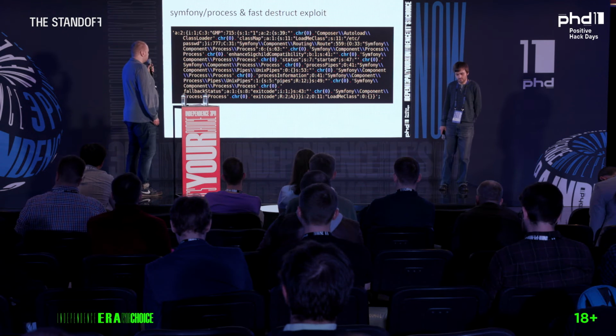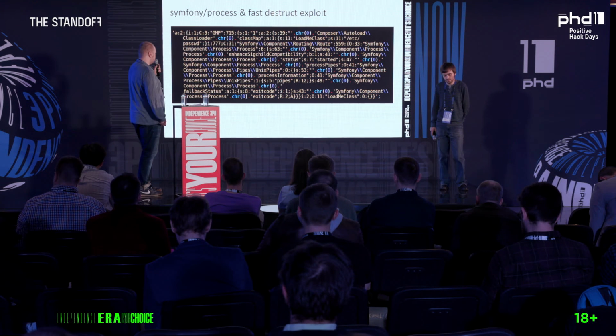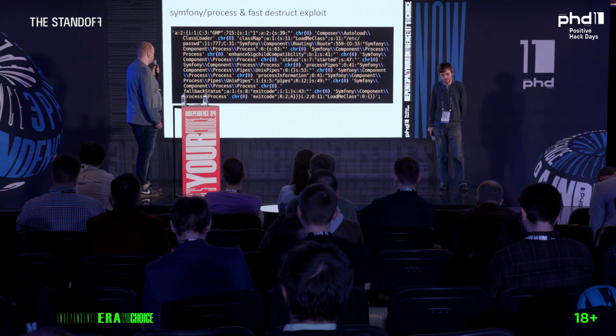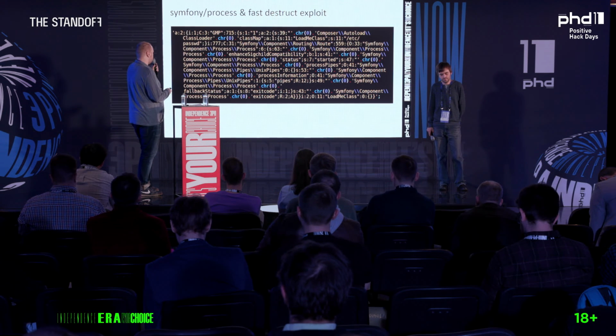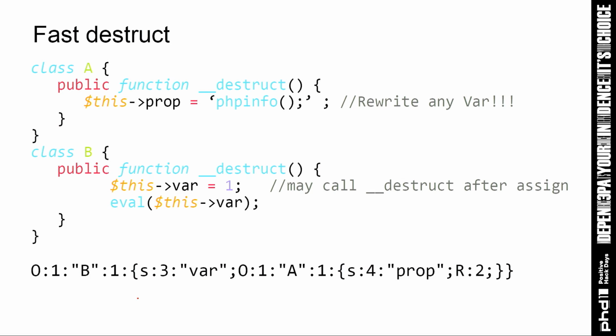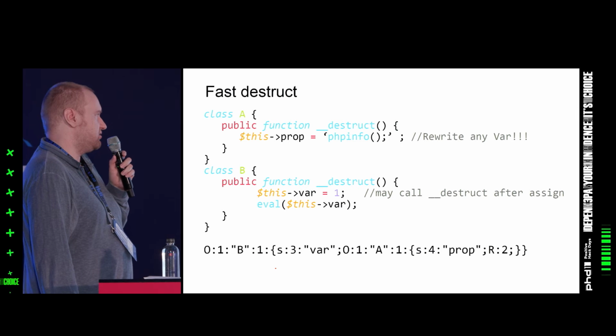Anyhow, this is a different exploit that our analyzer managed to find. What we have here is the exploit that works with a fast destructor, the implicit vulnerability.